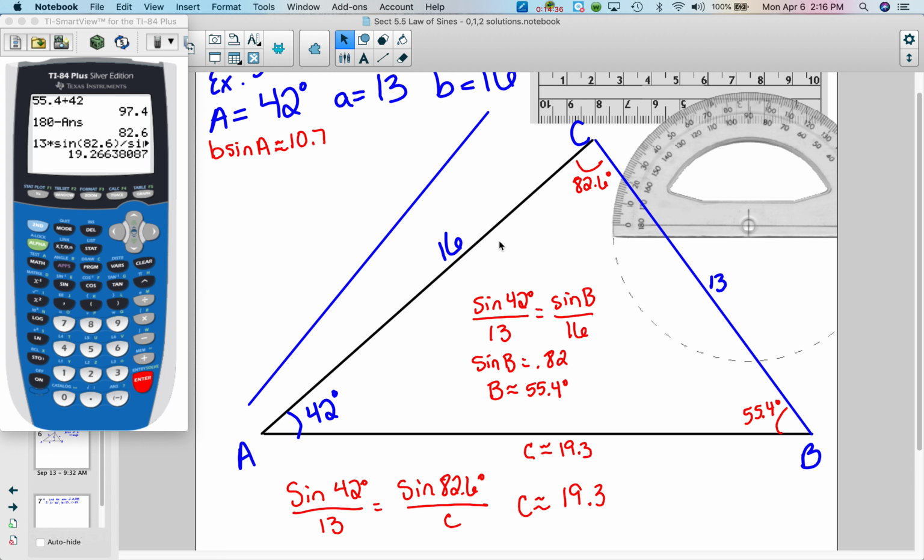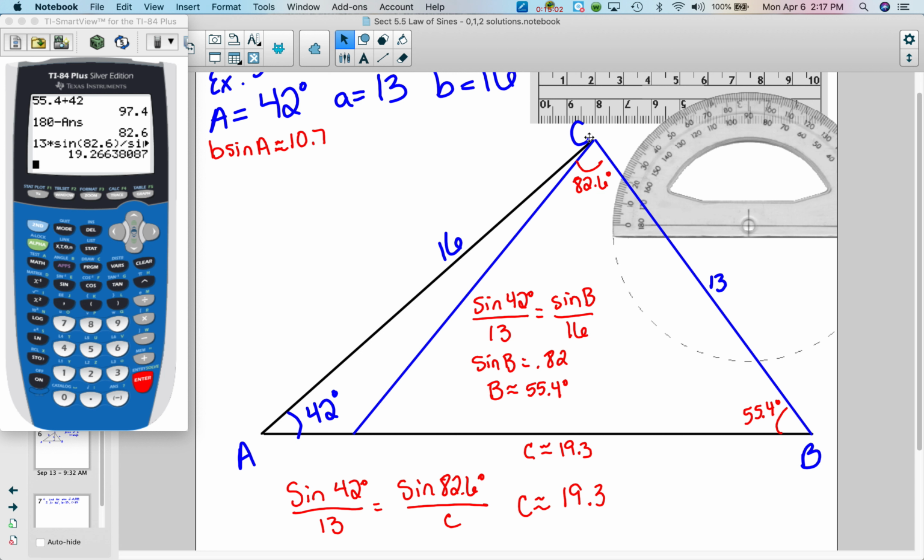But perhaps it's not an acute triangle. Perhaps this side goes here instead. Notice that this side in blue is also 13, and notice that this angle is still 42. So we don't know for sure if the side is here or if the side is here, because I still have an angle of 42.